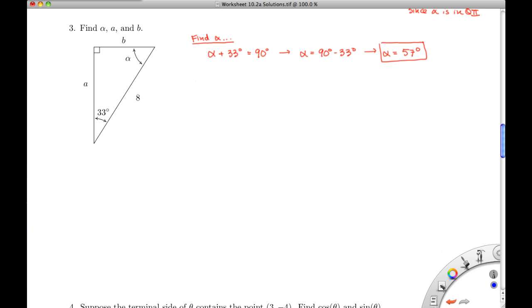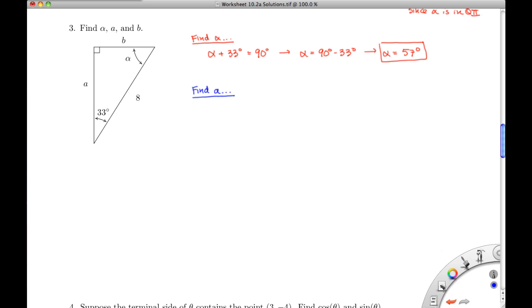All right, next, just because it comes earlier in the alphabet, let's go ahead and find A. Again, there are a number of ways that we could find A. But one thing we want to consider is that we can't use the Pythagorean theorem yet because we have two unknown sides. So we're going to have to use information about these angles and the known sides to find A. So what's one way that we could connect side A with, say, angle 33 degrees?